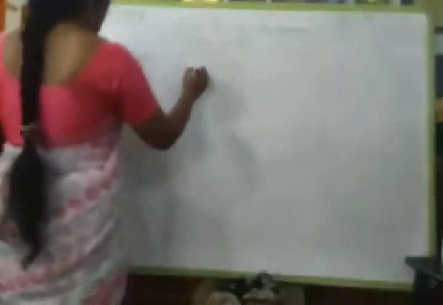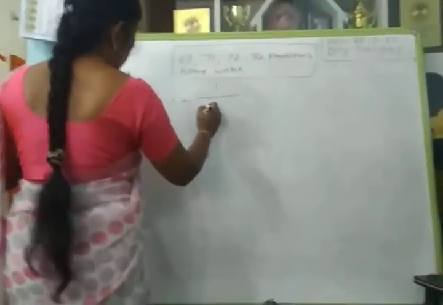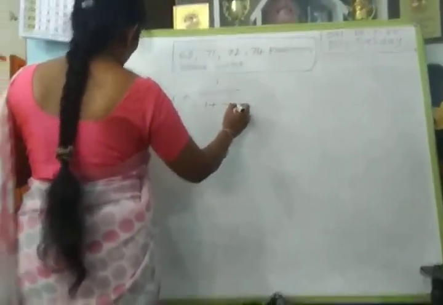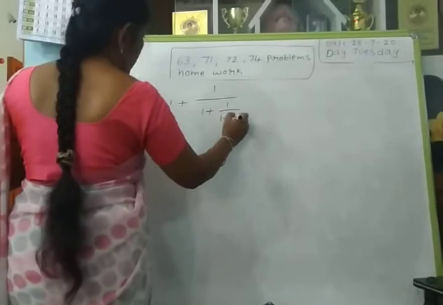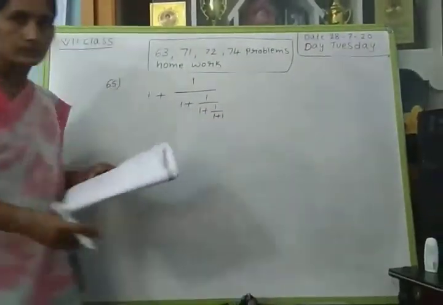Next one, 65. Simplify 1 plus 1 by 1 plus 1 by 1 plus 1 by 1 plus 1.